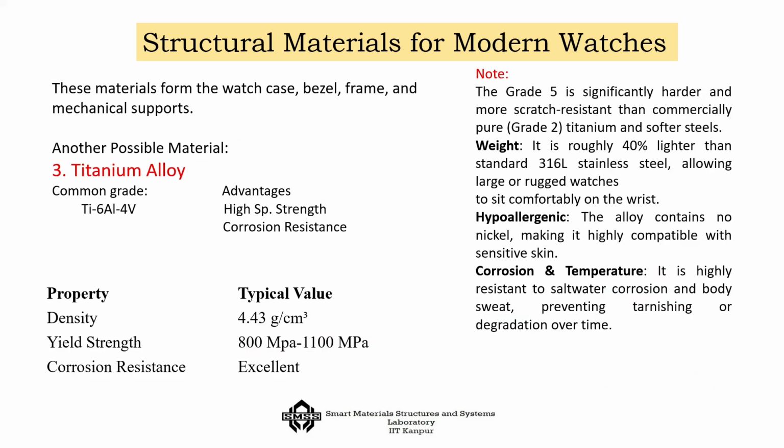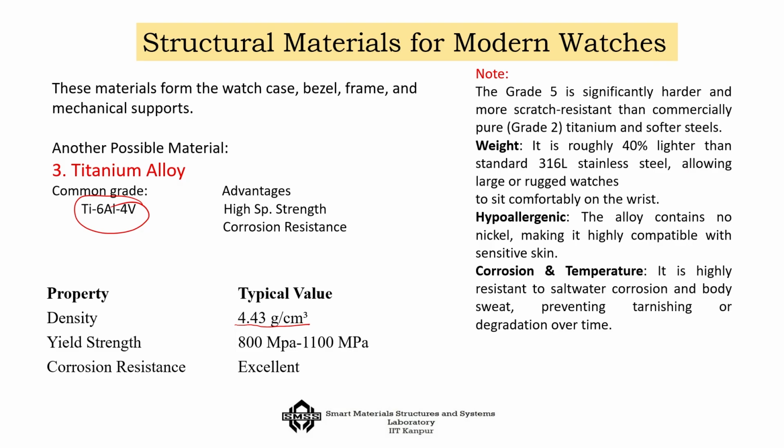If I go to the last structural material, then it will be titanium, and particularly the titanium alloy Ti6Al4V, vanadium, which means you are going to have, in addition to all other things, a percentage of aluminum and vanadium mixed with titanium. What you are going to sacrifice is in terms of the density, it will slightly go up, not as high as steel.